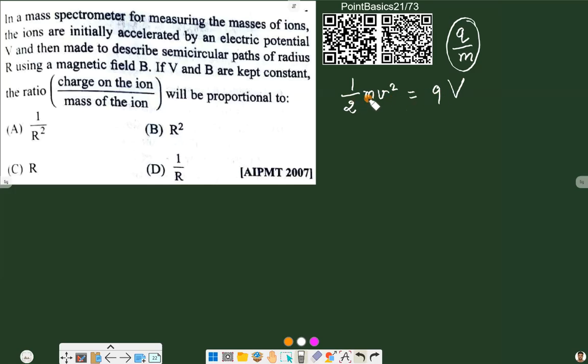So this is the relation between kinetic energy acquired and the potential applied, with the charge also. The energy also depends on the charge, that is the amount of charge on the charged particle we have.